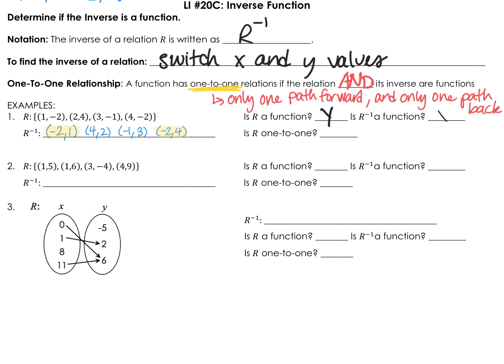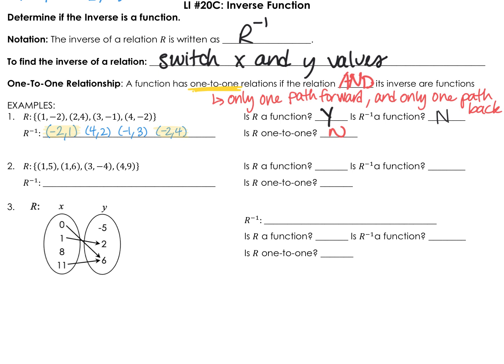So that's a no. You had one path forward, but do you have one path back? No. -2 ends up going two different places. So is it one-to-one? No. They would both have to be functions in order for it to be one-to-one, which is not going to happen very much today.